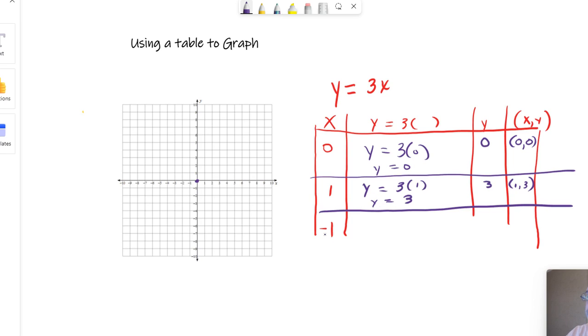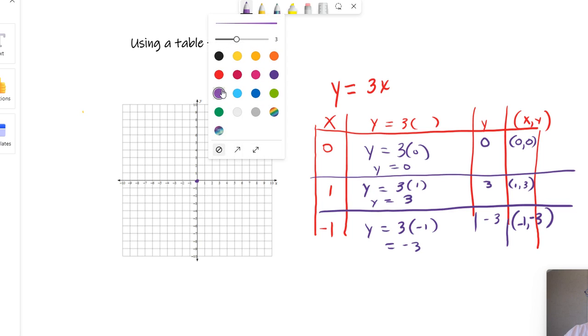Point 3, I've got -1. Plug that in. So 3 times -1 gives me -3. So that gives me a y value of -3, which gives me my last ordered pair of -1, -3. So those are the points I'm picking.